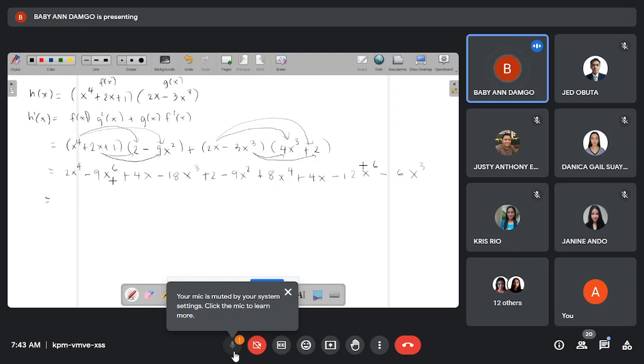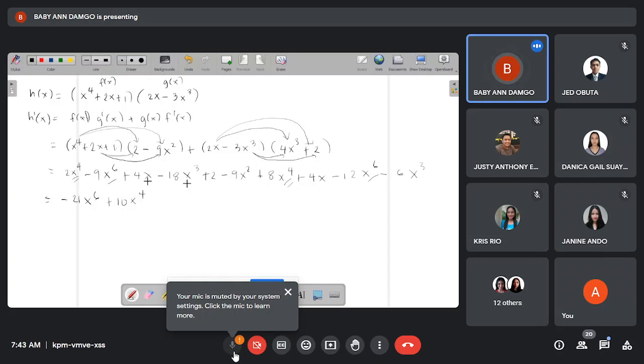First we take the power of 6, so this is minus 21x to the power of 6. Next, the x to the fourth, which is plus 10x to the fourth.